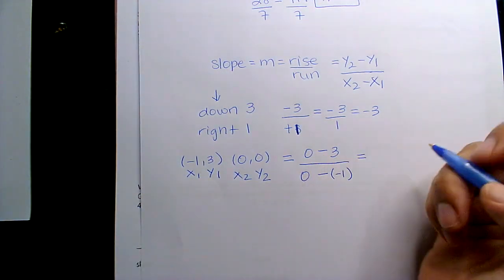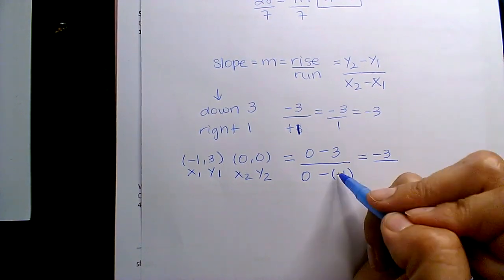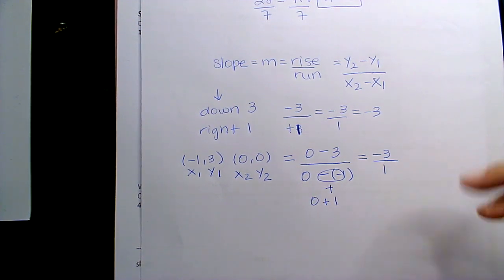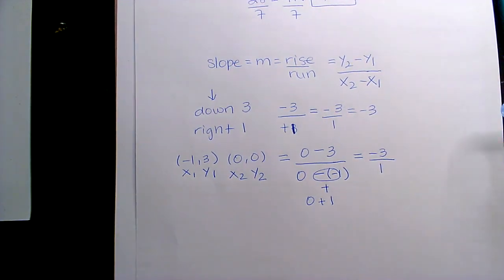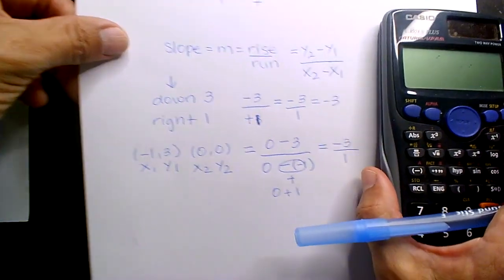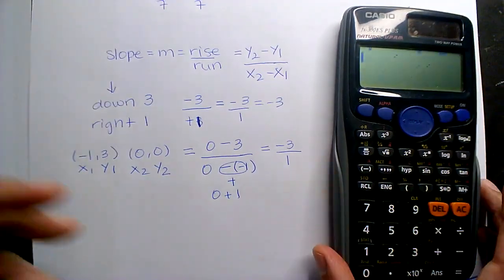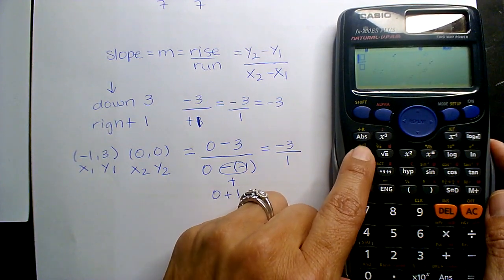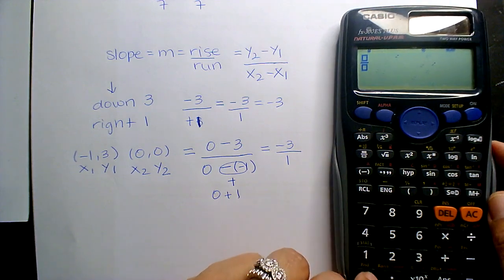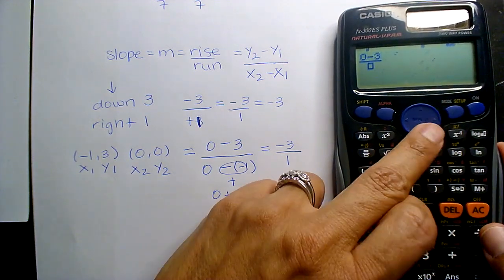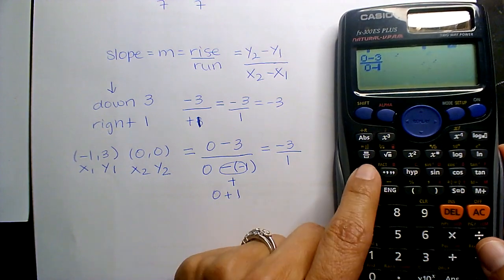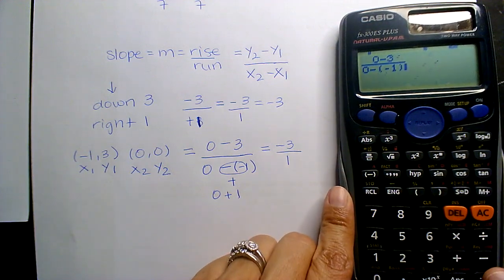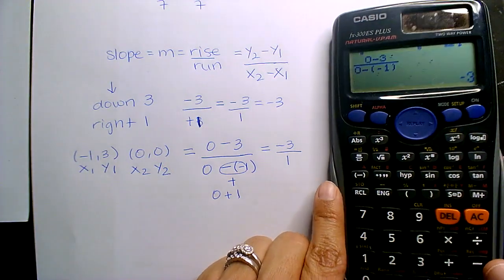So 0 minus 3 is -3, and 0 minus -1 is 0 plus 1, which is 1, so you can see I get the same answer. And if you grab one of the calculators, just because we love the button, this fraction button, you can click that and enter 0 minus 3 over 0 minus -1, and it does it for you.